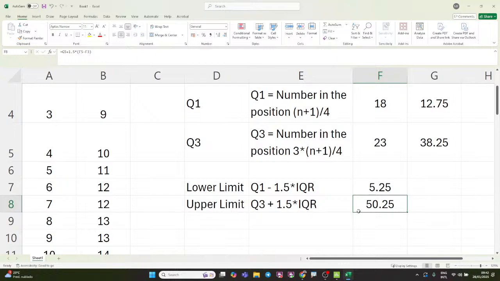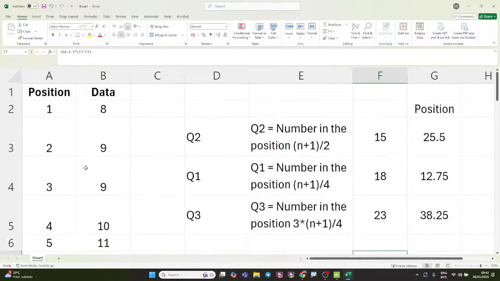Now there is something very interesting, because let's see if we have 5.25 in our numbers. We don't have 5.25.